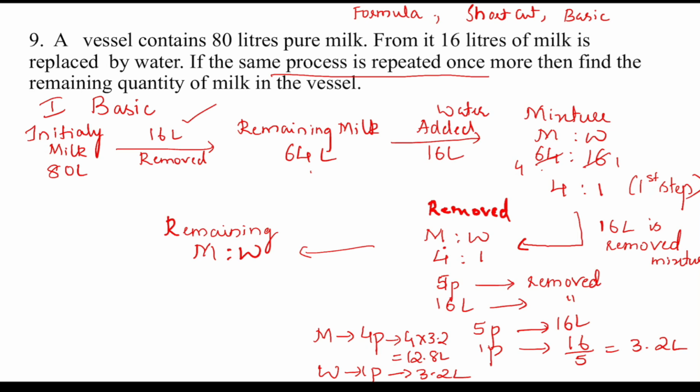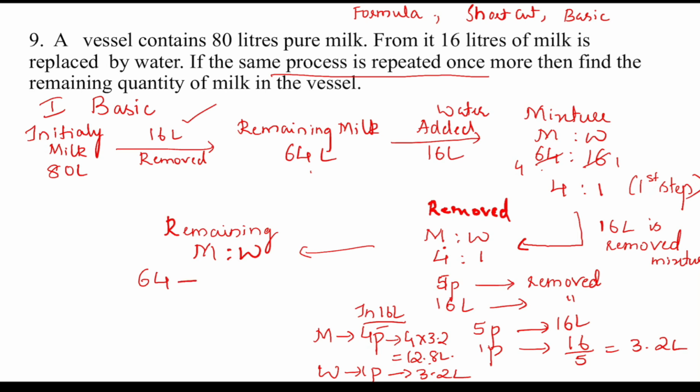So in the removed 16 liters, milk is 12.8 liters and water is 3.2 liters. How much was remaining after the first process? 64 was remaining.